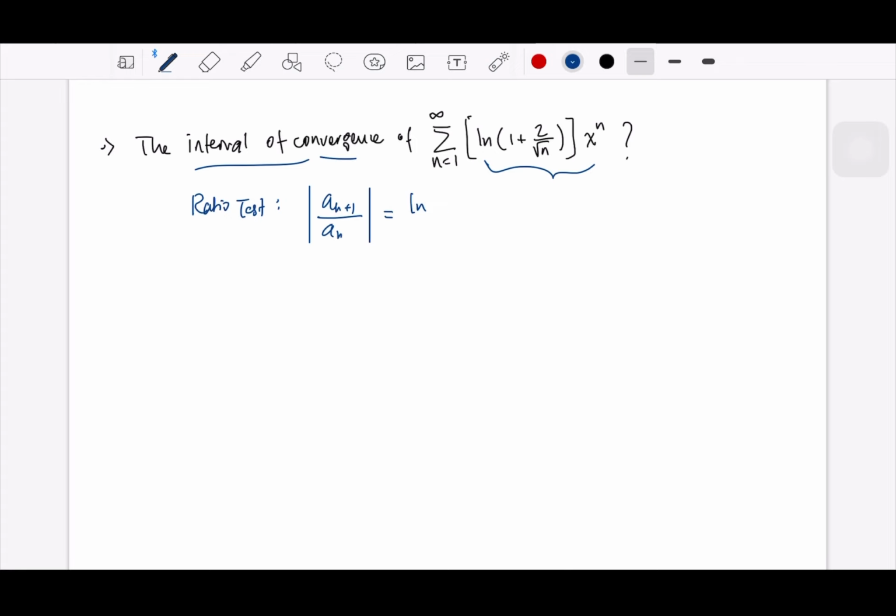Now take ln(1 plus 2) plus 1. Okay. Now this is divided by this, x with n plus 1. This is ln(1 plus 2) and x over n. I think we can cancel that. And we don't have this part. Okay. I'll take the limit as n approaching infinity of ln.